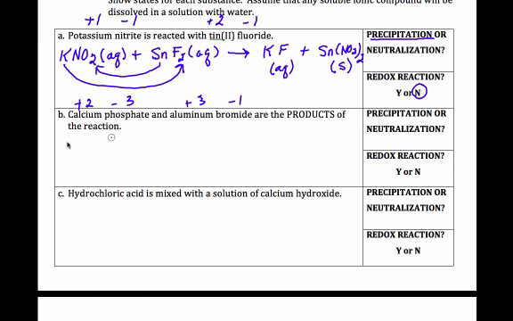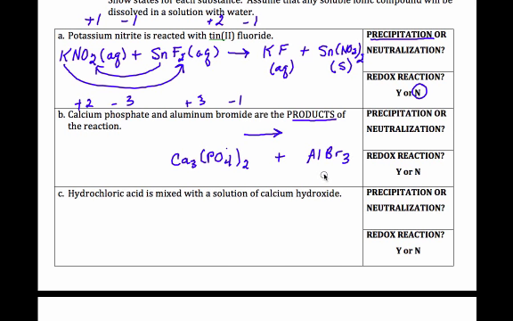All right, so I've got calcium phosphate, and it says these are the products of the reaction, and I'm going to run out of room a little bit here, so I'm going to write it this way. I've got calcium phosphate. Either way, you're still replacing cations with anions, and I've got aluminum bromide.